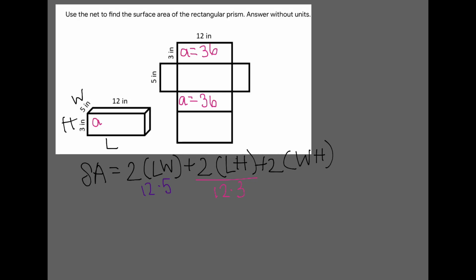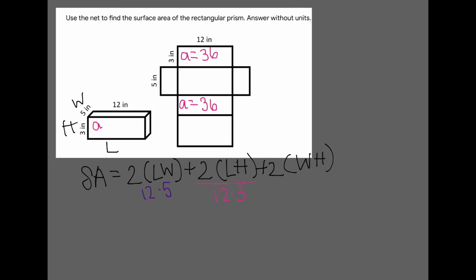So I'm going to label these ones B. So this is B, and this is B. And 12 times 5 is 60, and 12 times 5 is 60. And we have this 2 here, and this 2 here, because if you notice on my net, there's 2 of them.